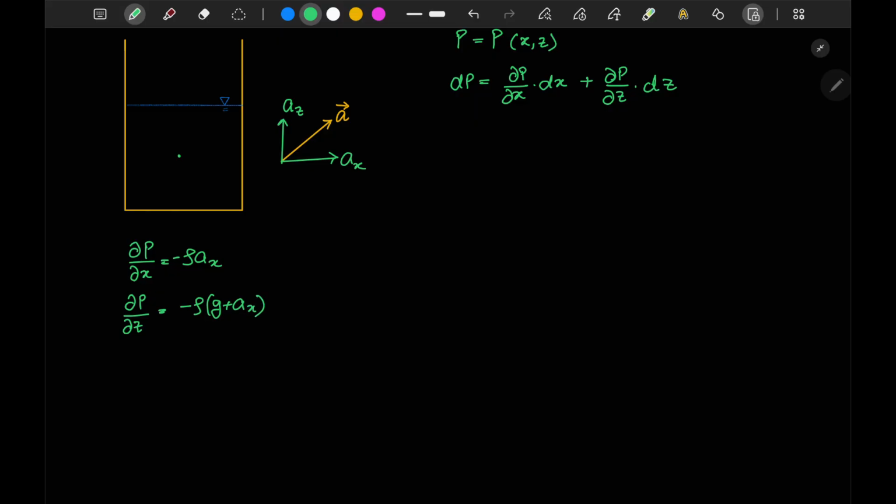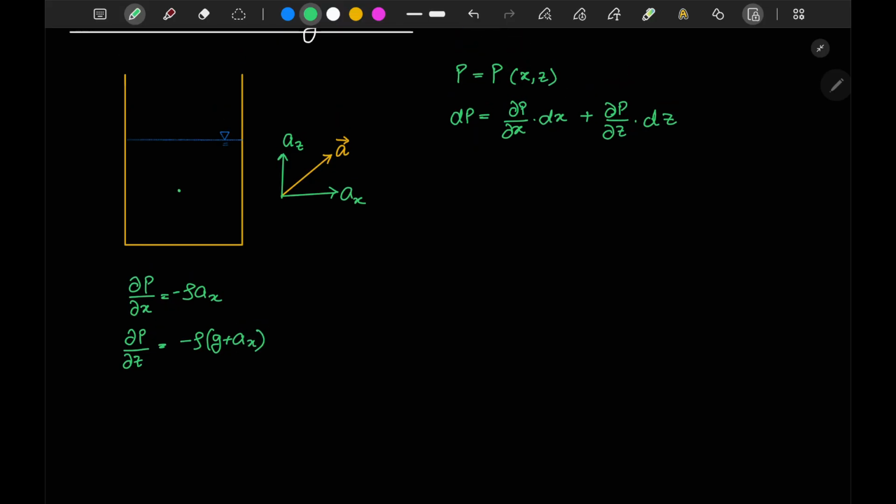So this is your relation for del p by del x and del p by del z. If you substitute these values here, I will obtain dp is equal to minus rho ax dx plus minus rho times of g plus az times dz.